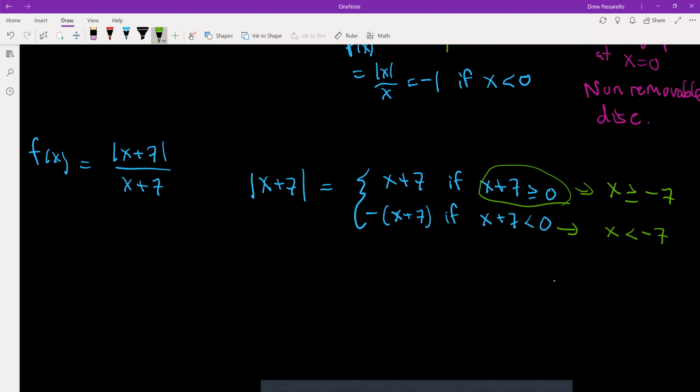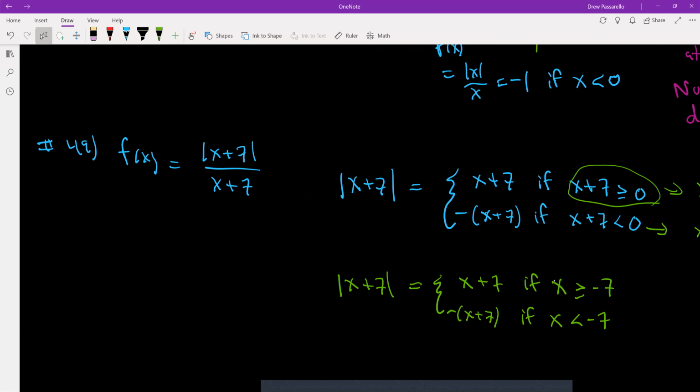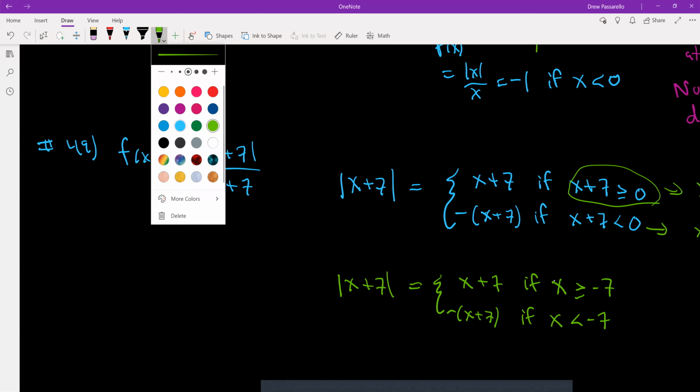Okay, so maybe I'll write it like this. So I have two cases, right, because it's a piecewise function, so I'd handle each case separately.